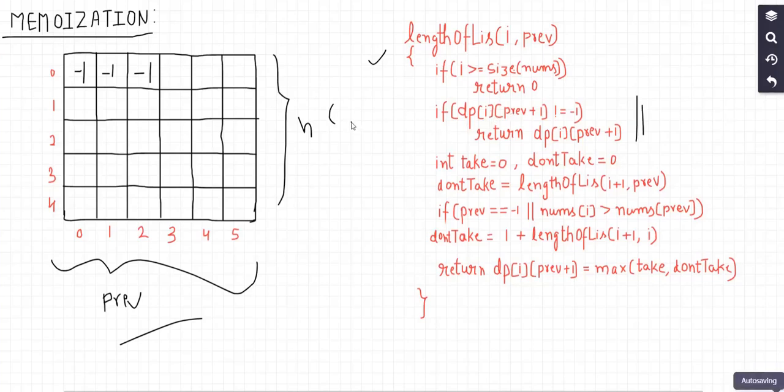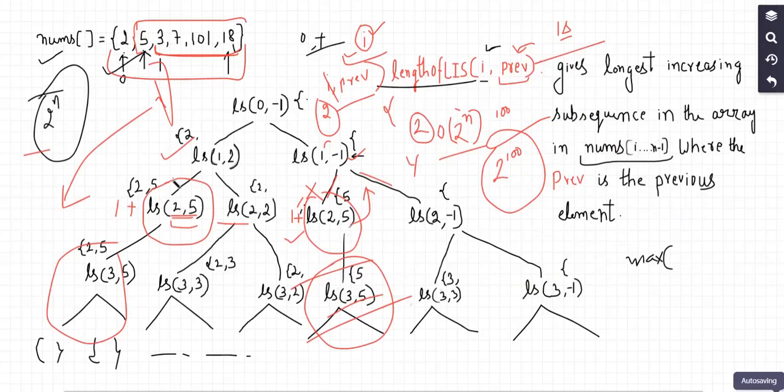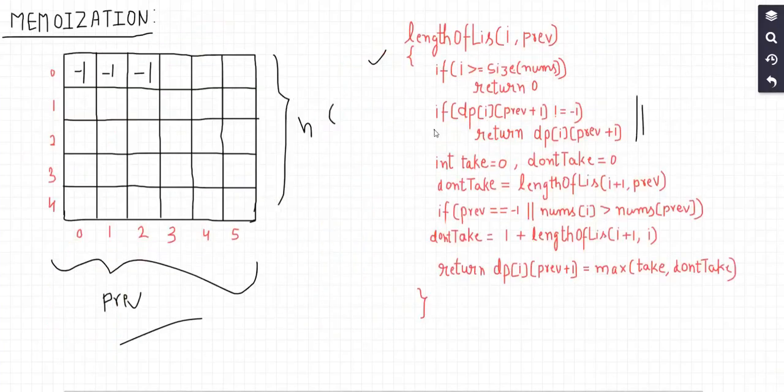If it is already calculated, that means, let's say the computation for index 2 where the previous element was 5 has been performed, then for those particular dimensional variables 2 and 5, we assign the result of this function call, and when we require the result again, all we have to do is return the result which we stored here. So that's what this case is checking, and here we take two variables, take and do not take.